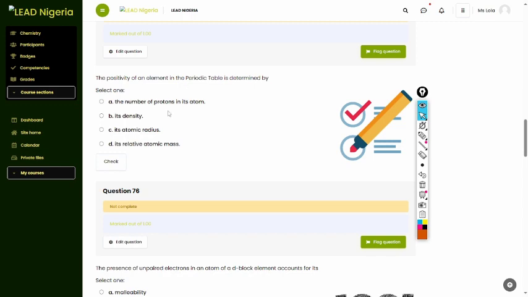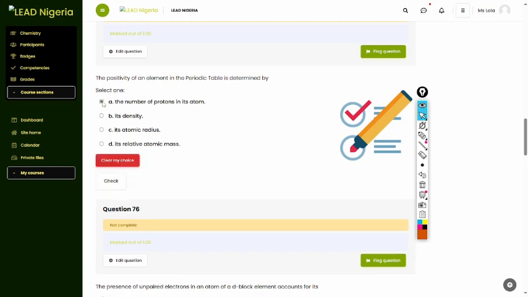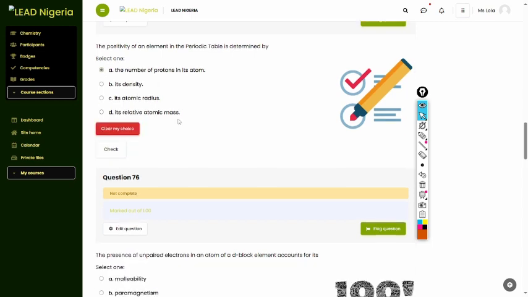So it's not so easy to remove the electrons in the outermost shell. So as nuclear charge or atomic number increases, the positivity of an atom decreases because it doesn't easily or readily lose its valence electron. So what affects the positivity of an atom is the number of protons in its atom. So A.